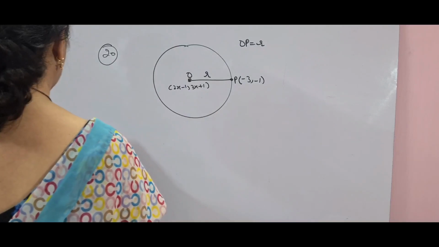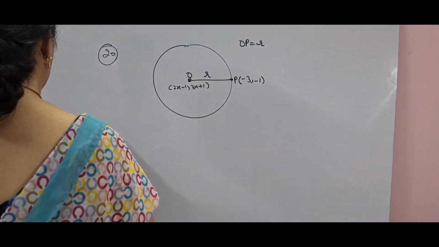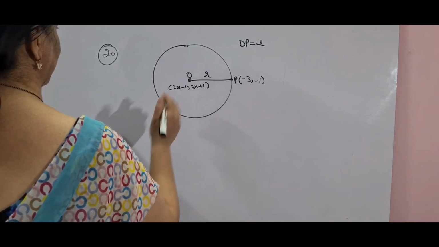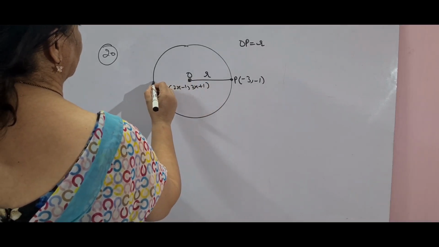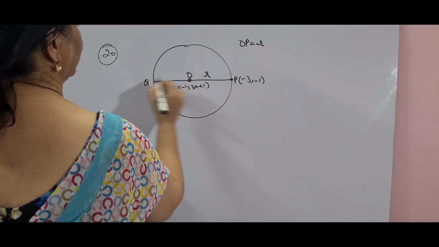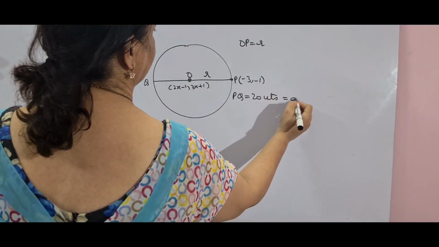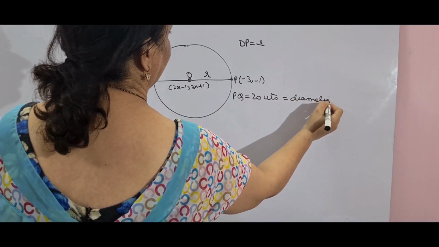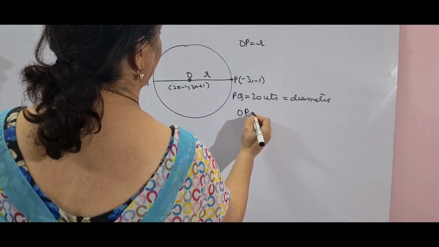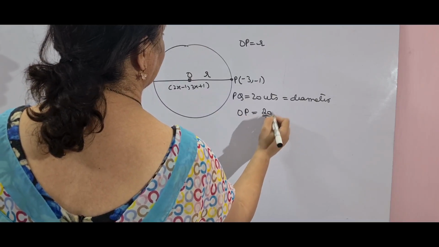Now he wants to ask you that the length of its diameter is 20 units. The total length, that is PQ, is given to be 20 units, that is the diameter. But we need the radius, so OP will be 20 upon 2, that is 10 units.